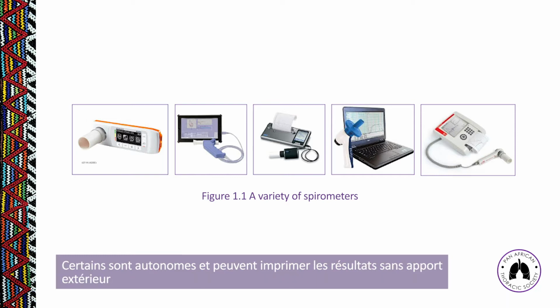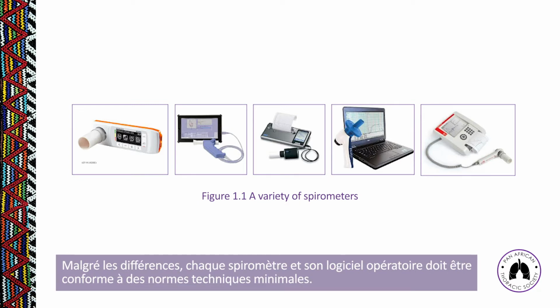Some are standalone, which means that they have a printing facility in the spirometer itself, and others connect to a laptop through a USB device. All of the software is slightly different, but as I say, there are minimum requirements for all spirometers in terms of the hardware and the software, so that we know that we're measuring volume and airflow correctly.